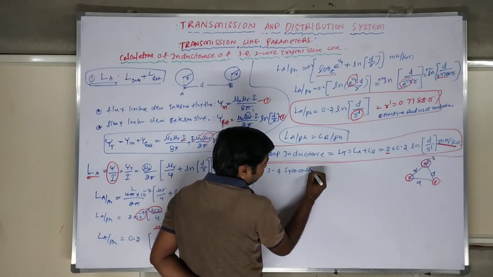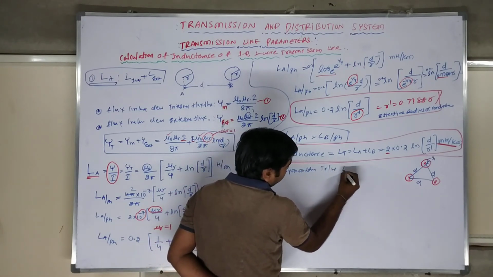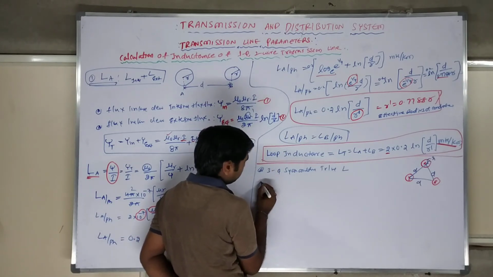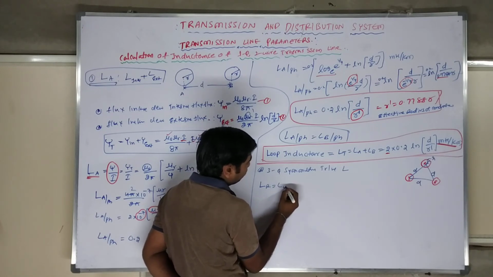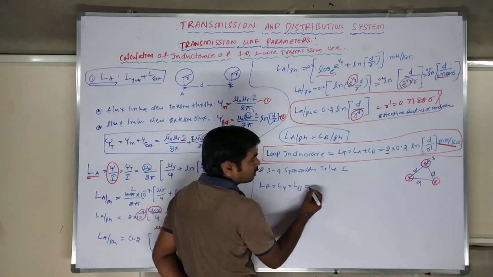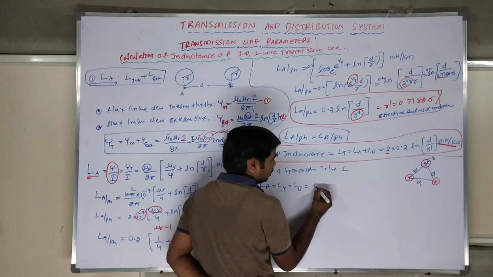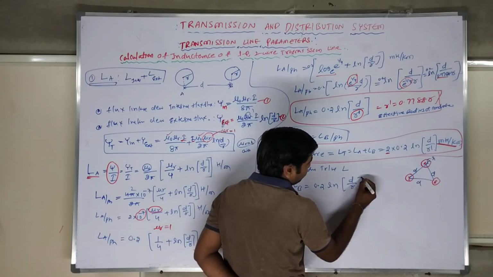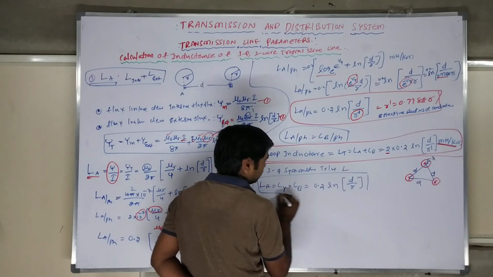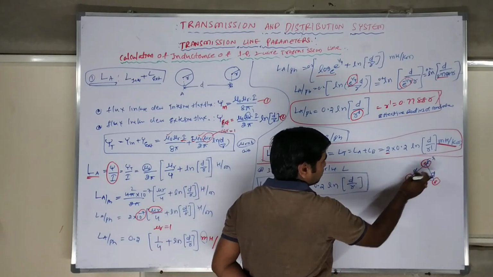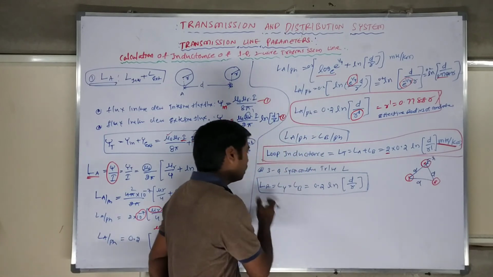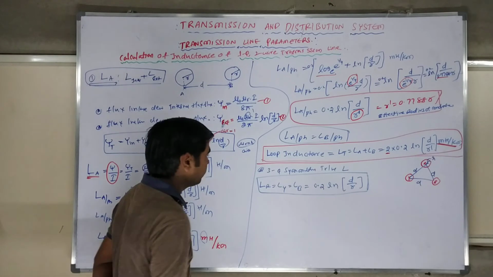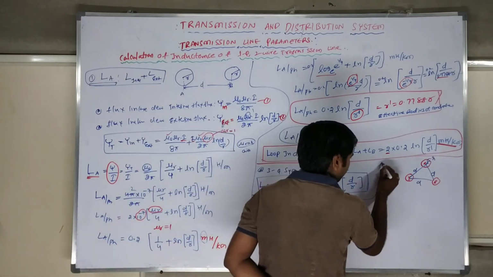For a 3-phase symmetrical transmission line, the inductances of lines R, Y and B are the same, 0.2 into Ln into d by r, because of the symmetry. D means the distance between these lines, and r is the radius of the conductor. All 3 inductances are the same because all 3 have the same radius.